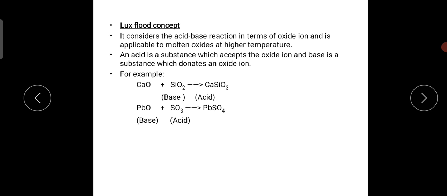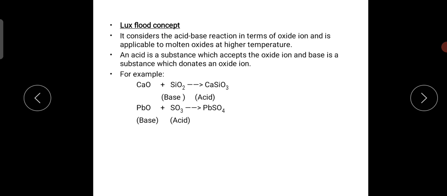Then the Lux-Flood concept. Here an acid is a substance that accepts oxide ions. Likewise, a base is a substance that donates oxide ions. For example, calcium oxide and silicon dioxide give calcium silicate.